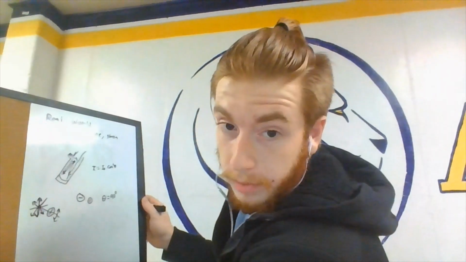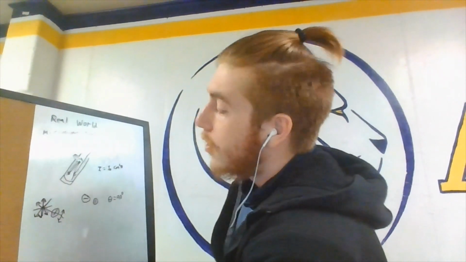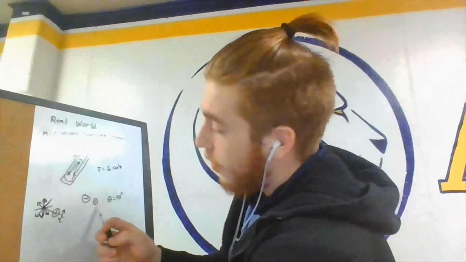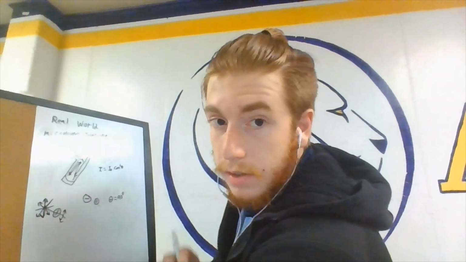What do we know about the cosine of 90? It's equal to 0, so 0 squared would be 0. That means no light is able to pass through, because this slit is entirely horizontal and this is entirely vertical, so there's no way anything can go through.